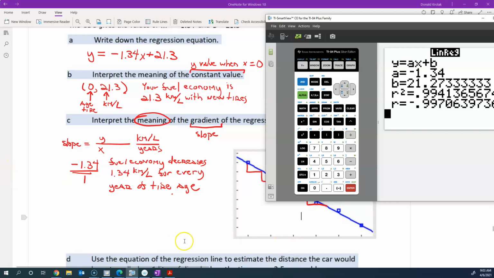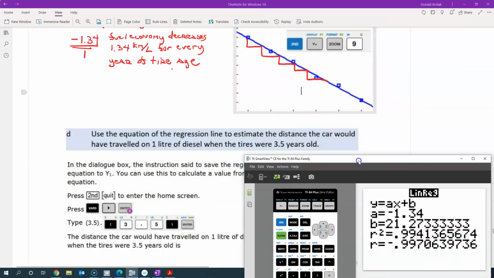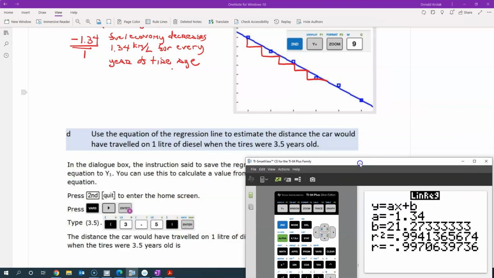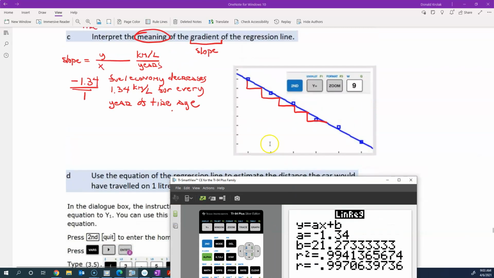Now the last part says use the regression equation to estimate the distance the car would travel on 1 liter of diesel when the tires are 3.5 years old.